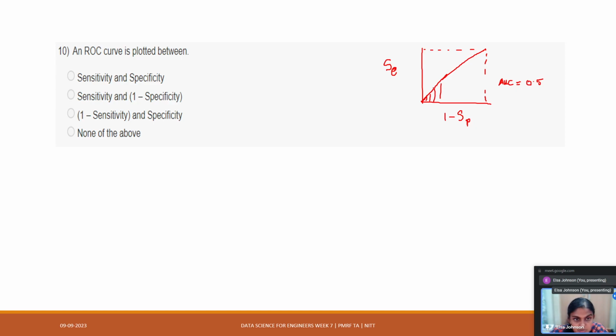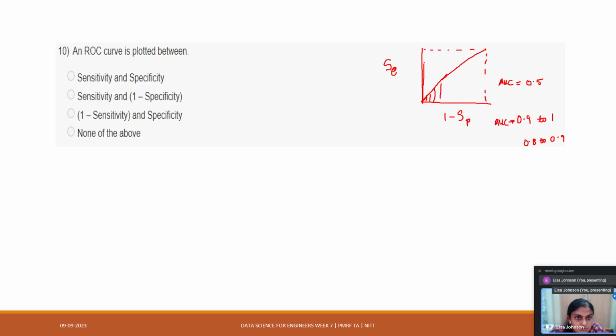Actually, you should have a higher AUC value for your model. If the AUC value is 0.9 to 1, it is a very good model. 0.8 to 0.9 is also accepted.